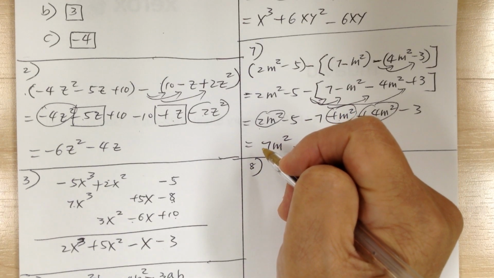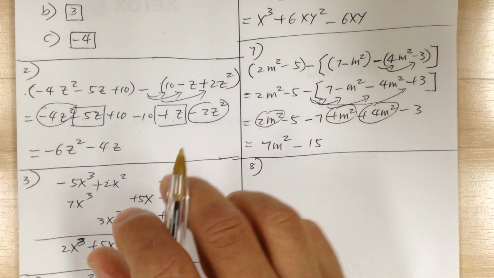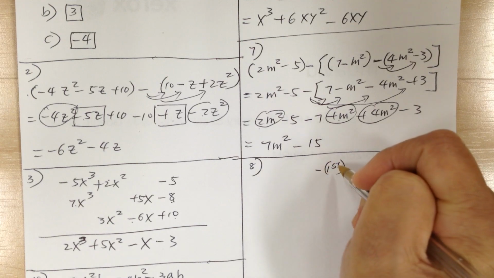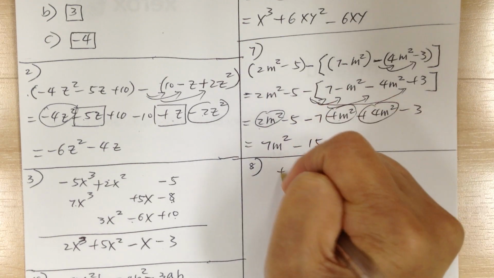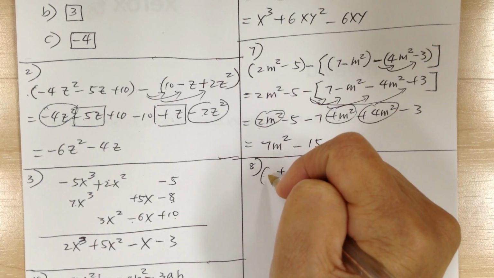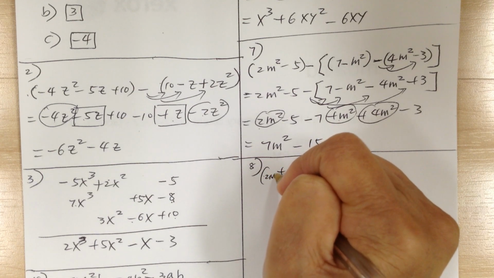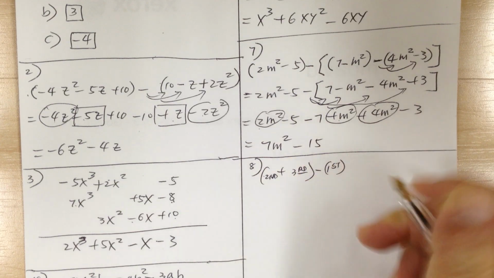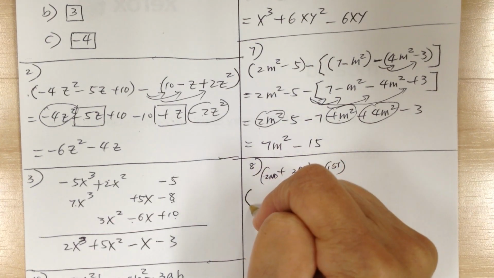Okay. Now this one, it says subtract the first parentheses from the sum of the second and third. Okay. So that's what you have. So you have to do this.